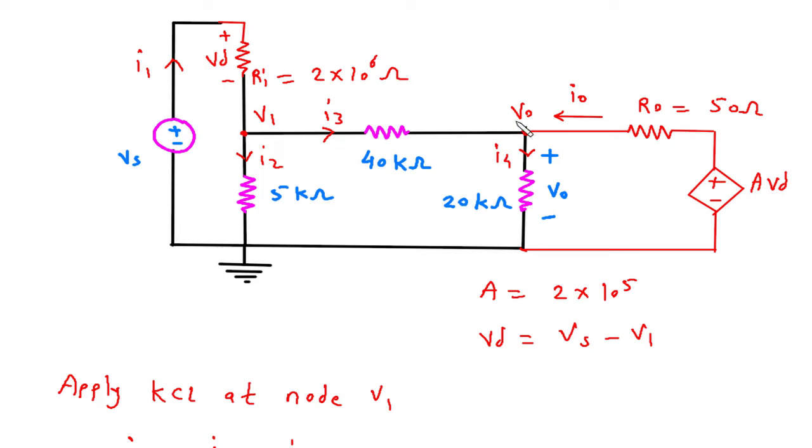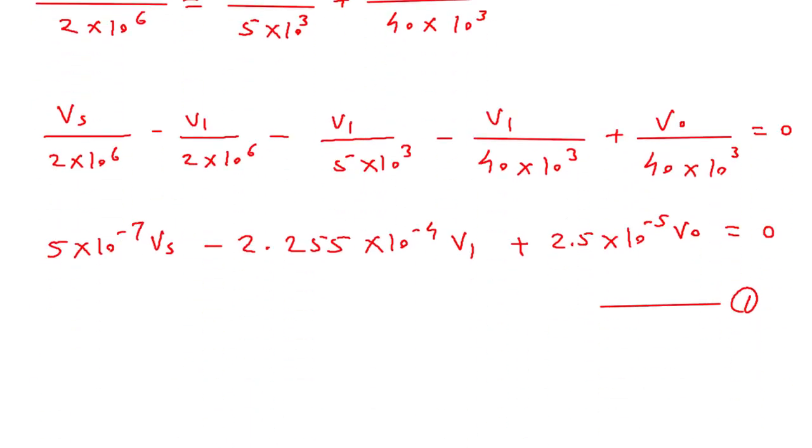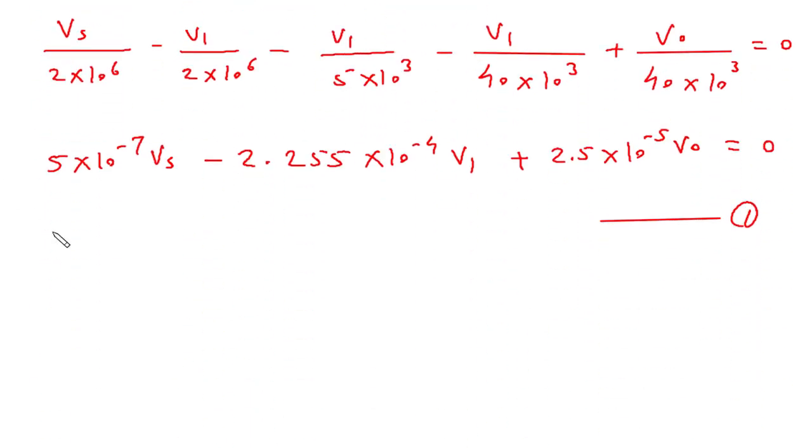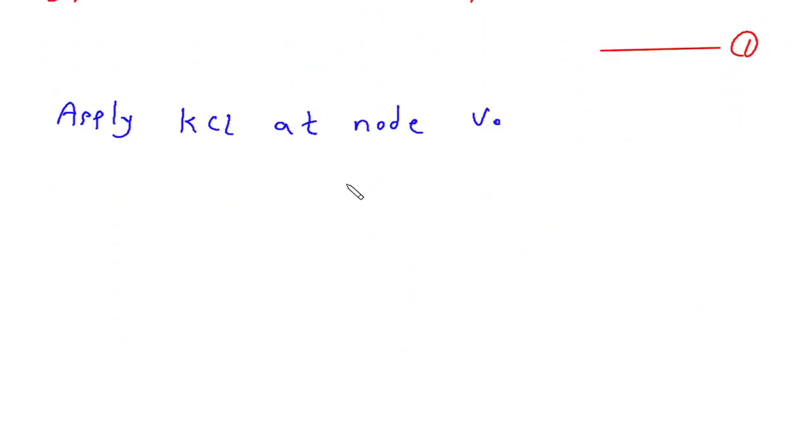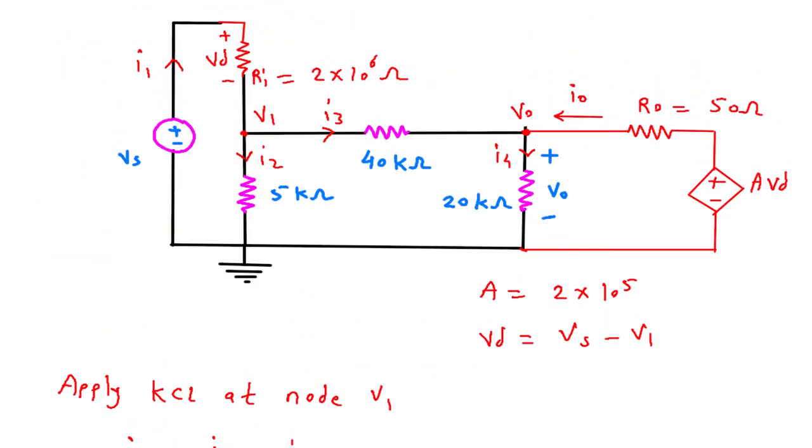Now we will apply KCL at node VO. So here summation of all the entering current is I3 plus IO, equal to I4.